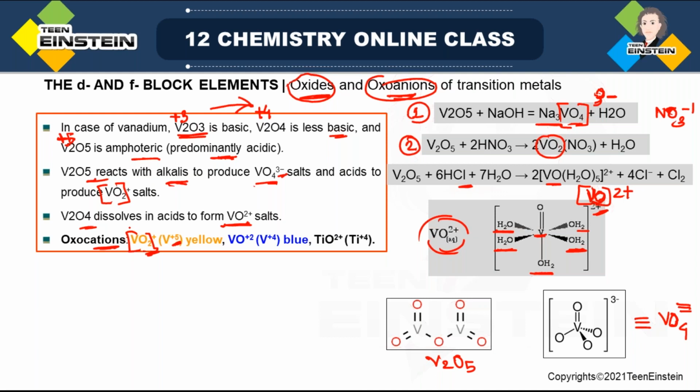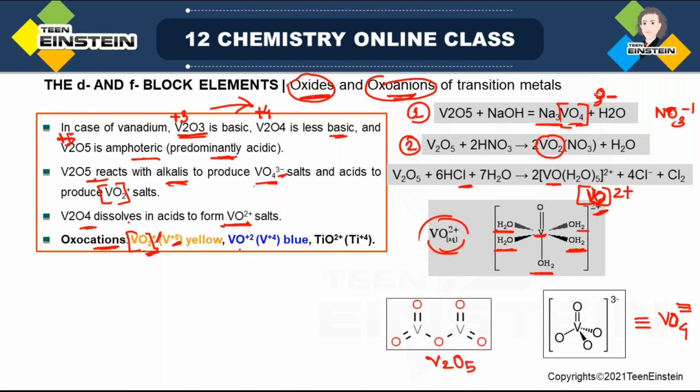So vanadium must have a +5 oxidation state, because +5 and 4 negative charge means 1 positive charge in excess, which is outside the coordination sphere. So in this oxocation VO2 plus, the oxidation state of vanadium is +5. And this is yellow in color.